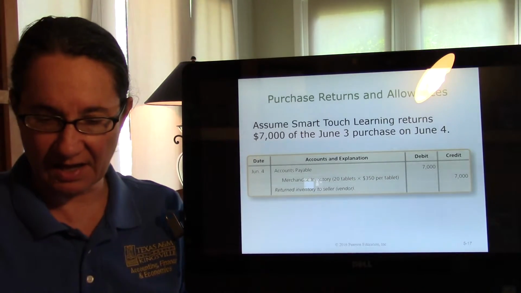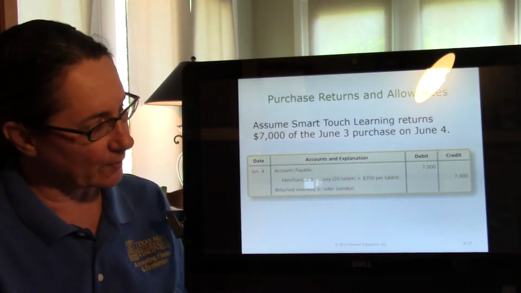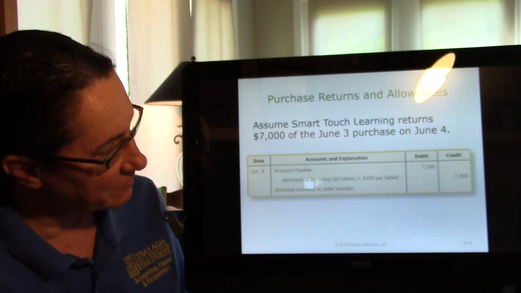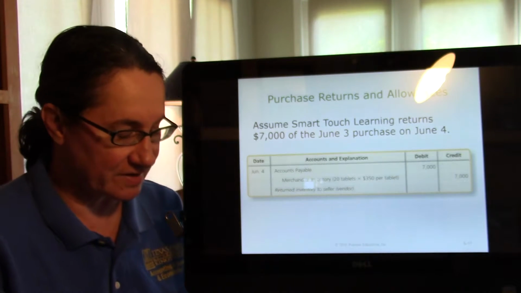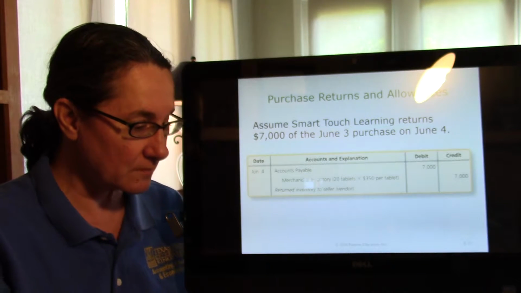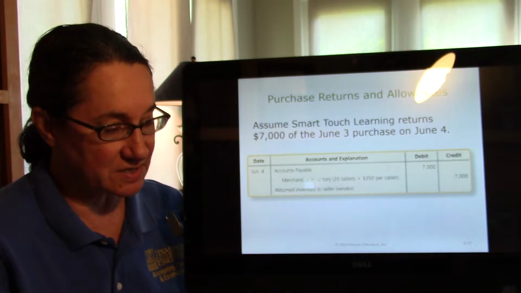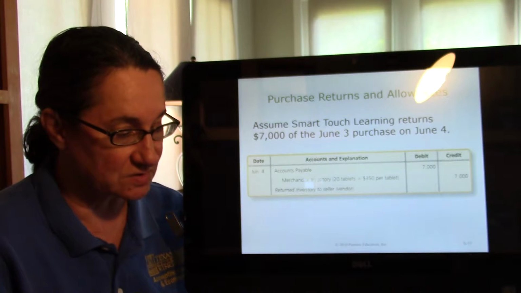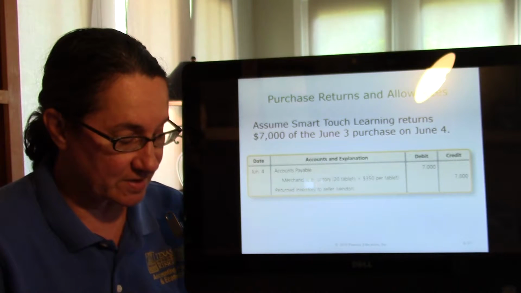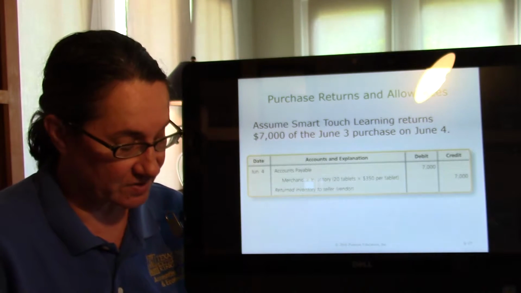So what would that look like? Well, in this example, we're imagining that 20 tablets are being returned, right? Maybe they're defective or something like that. So assume Smart Touch Learning returned $7,000 worth of the purchase. So on June 4, Smart Touch Learning returned $7,000 of the inventory to the vendor.